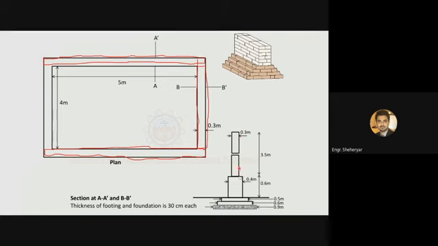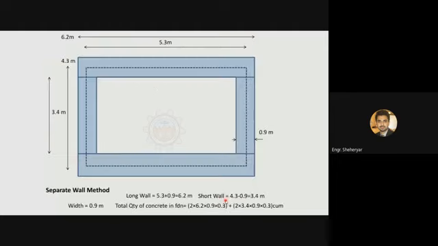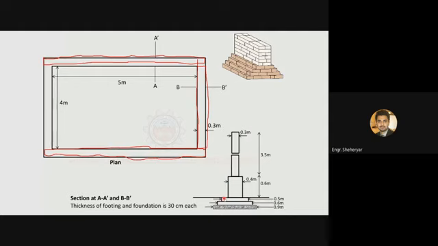And this is the cross section of the wall. So if I draw the plan of this wall, let's first calculate the center line length, the center to center distance, in this wall.